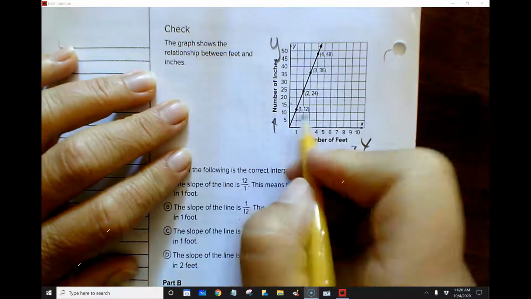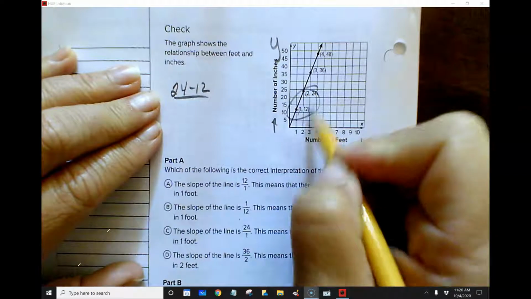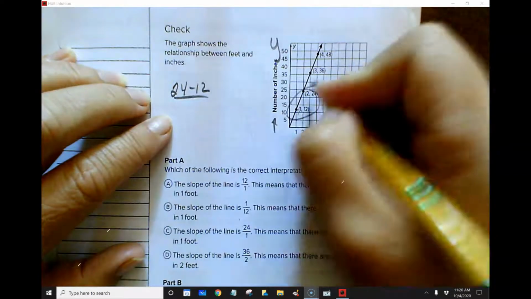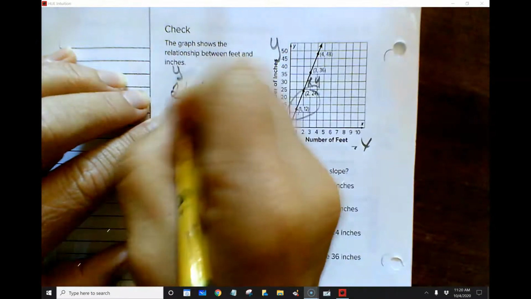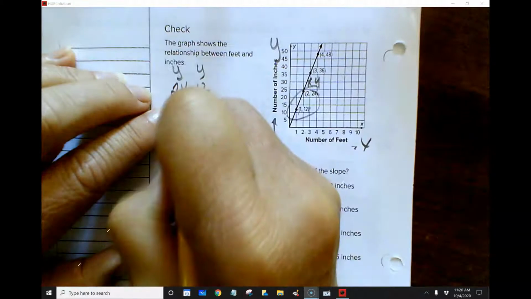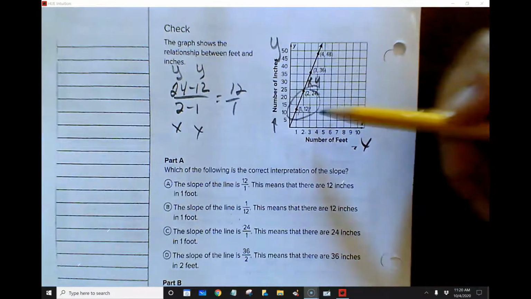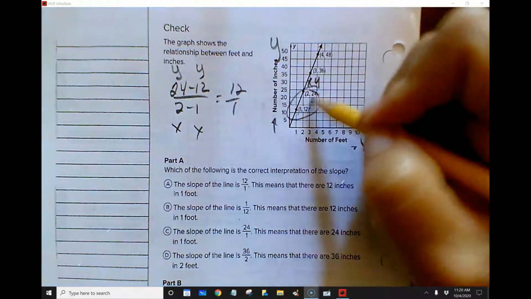Okay, so now I'll use these 2 points over here. 24 minus 12, because this is my Y values up on top, X values on bottom. 24 minus 12 over 2 minus 1, because I want to find out what that change is. So it's 12 over 1. Okay, so it's 12 to 1. If I were to go through it and count the numbers, it'd be 12.